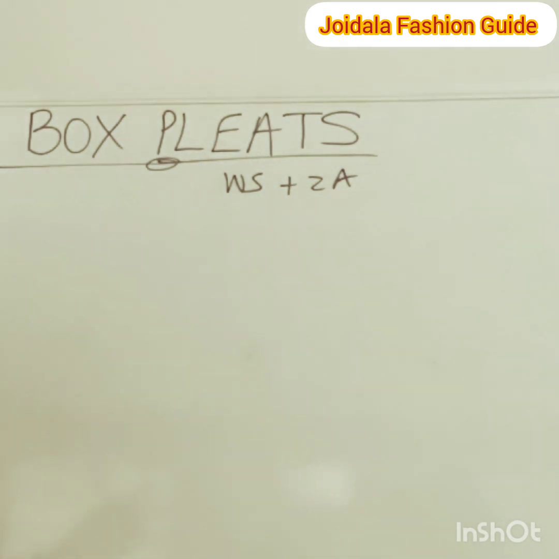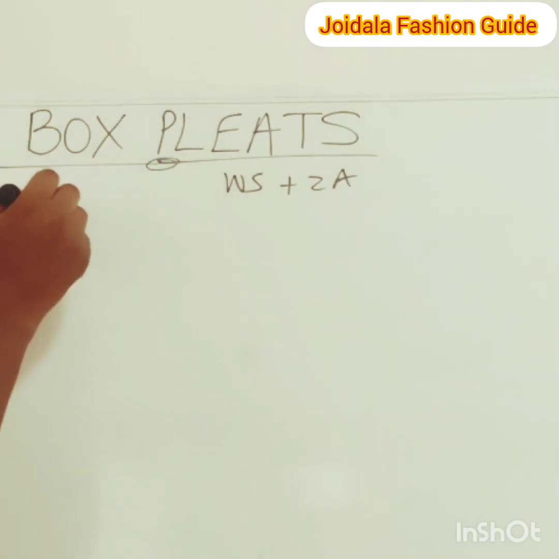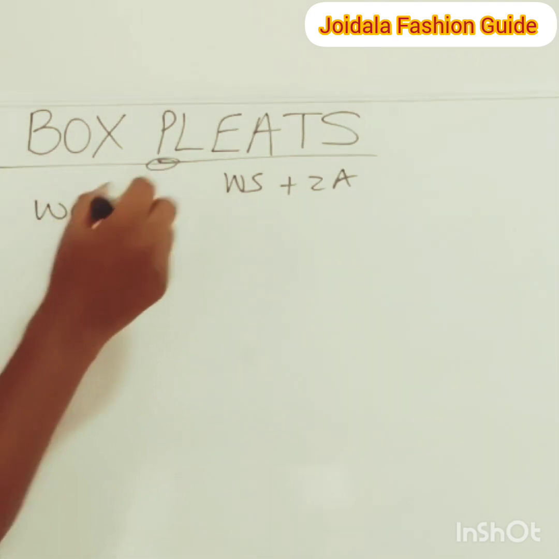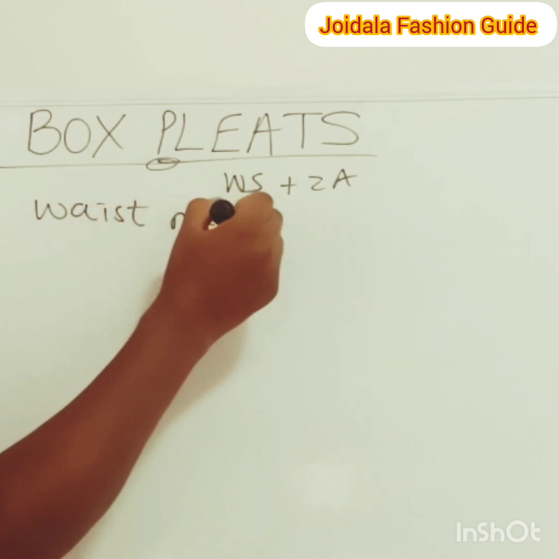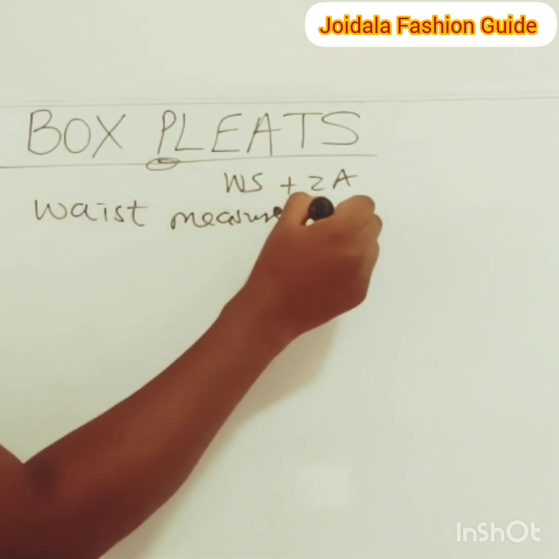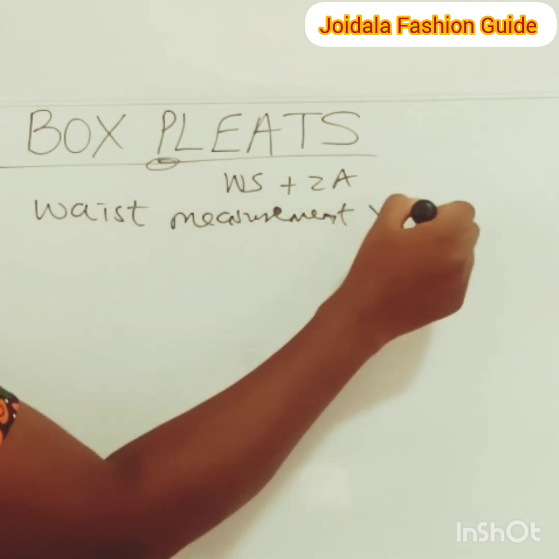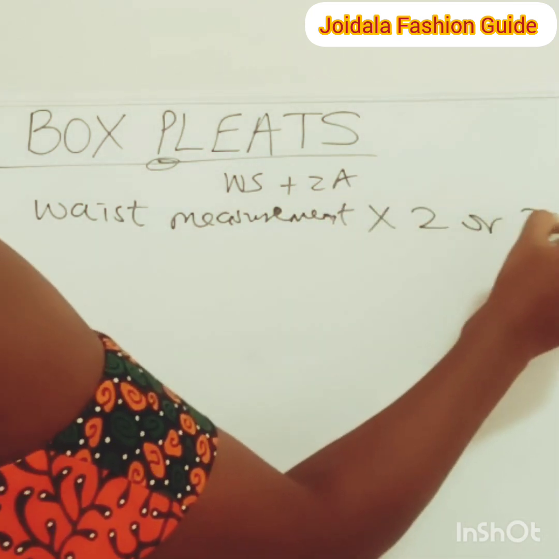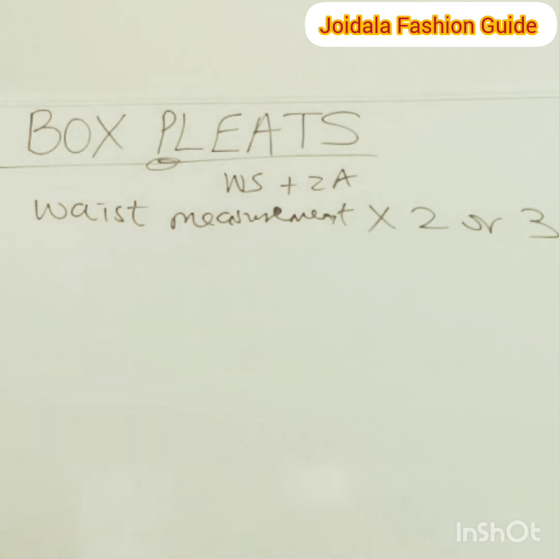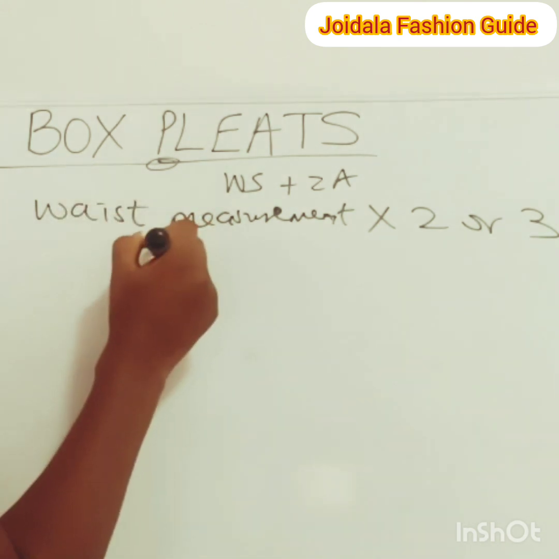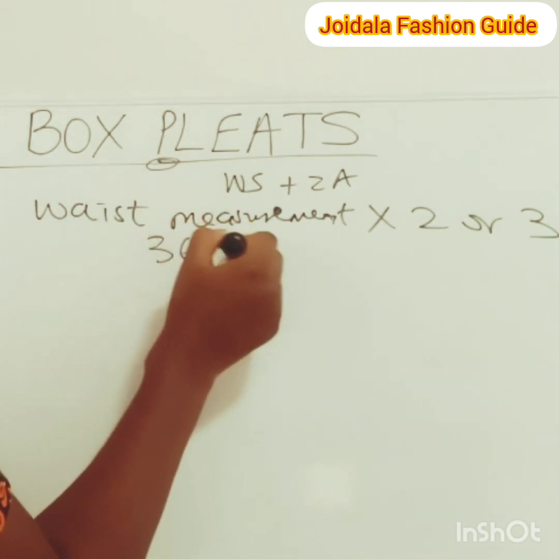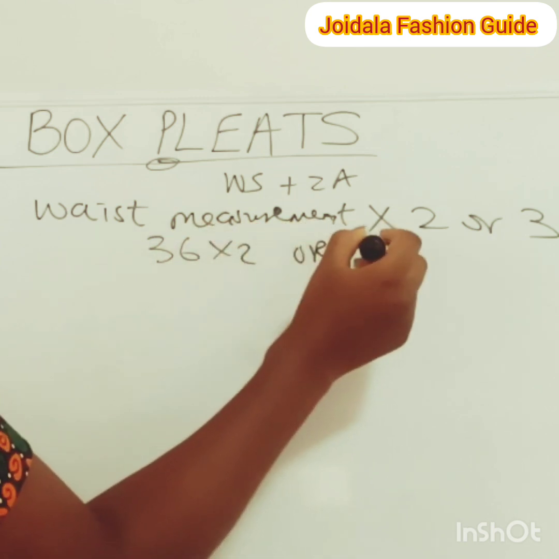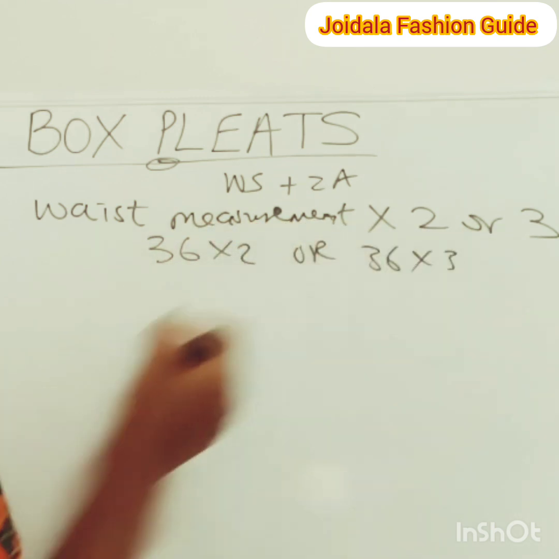Now there are two ways that you can determine the amount of fabric to use. The first one is that you multiply the waist measurement by 2 or by 3. So if your waist, for example, is 36, you simply say 36 times 2, or you say 36 times 3.